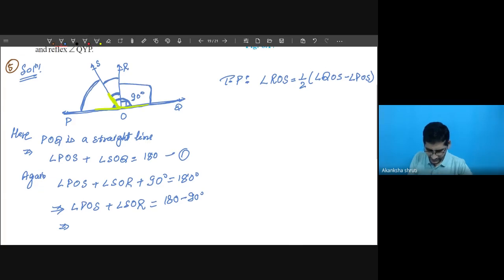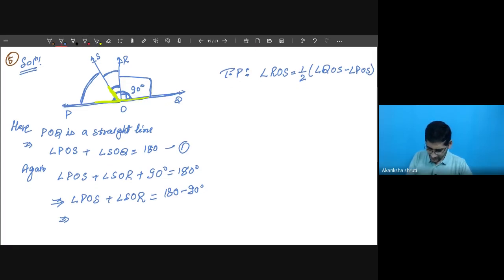So write this angle POS plus angle SOR. This is our 90 degrees. It is our second equation. Angle POS and SOR, observe carefully, student. POS and SOR is this one. Now we need ROS or SOR, both mean the same thing.